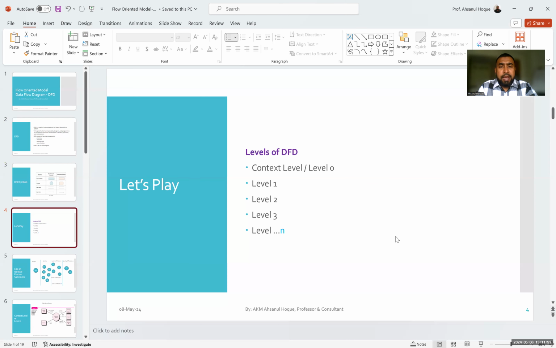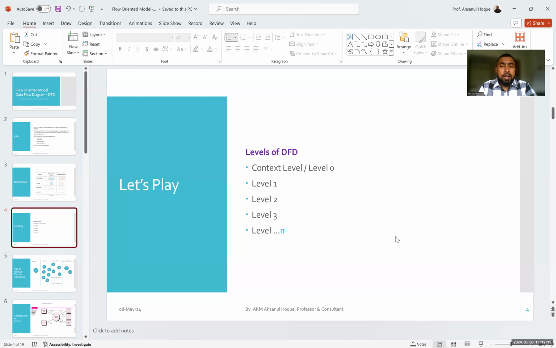In the context level diagram, the whole system is represented as a single process. Then we decompose it, or break the context level, and we get the main core subsystems of the main system, which is level one.